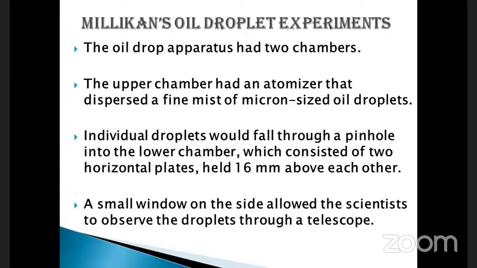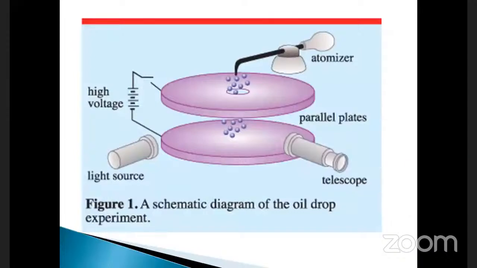So the atomizer disperses a fine mist of micro-sized oil droplets, and the oil droplets fall through a pinhole into the lower chamber consisting of horizontal electrical plates. Then there is a window beside the oil can that allows the droplets to be viewed through a telescope. This is just a schematic diagram of the experiment, and you can see the voltage being applied.